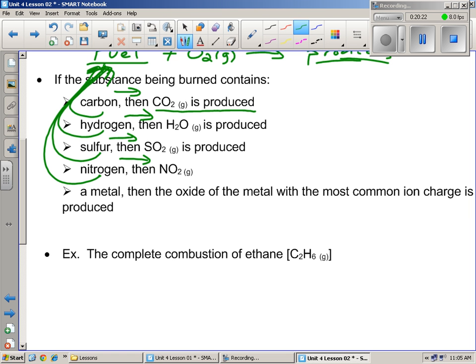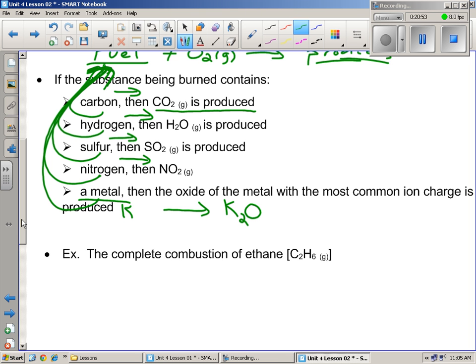And the last one's a little tricky. If you have a metal as part of your fuel, you will get the most common metal oxide. I'll give you an example. If you had potassium here, you would get potassium oxide here. K is a 1 plus, O is a 2 minus, so that there is only one charge for that. So if you had potassium in your fuel, you'll get potassium oxide.